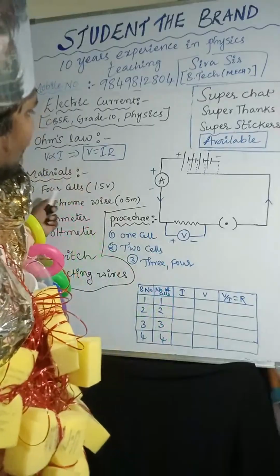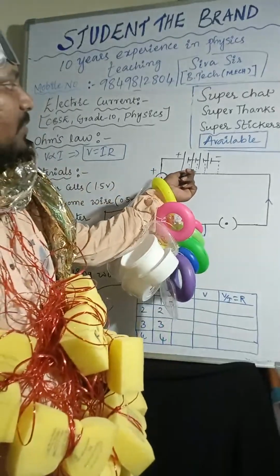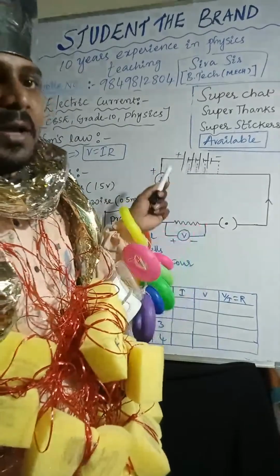V equal to IR. Materials: 4 cells, 1.5 volts each.